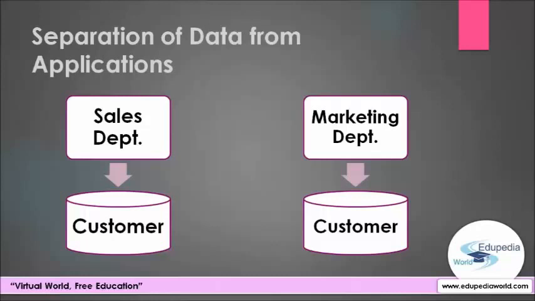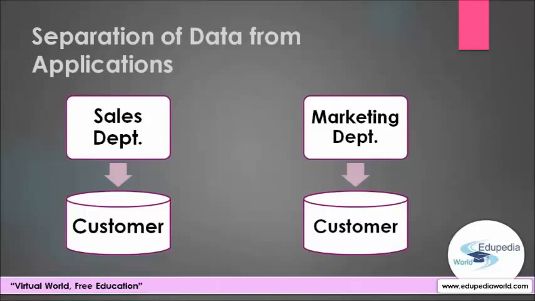A company might have a sales department dealing with customers and a marketing department that does promotions for the same customers on the product lines they are interested in. So these departments would have kept their own data files with slightly different versions of the data rather than sharing one file of data. So this is the traditional approach.